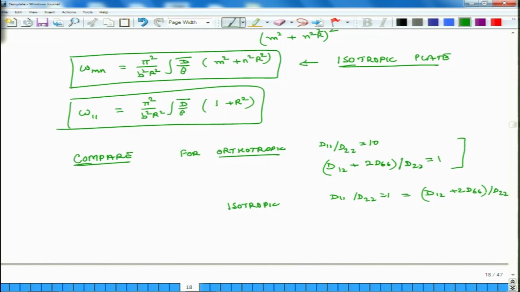This we have already shown, so we do not have to worry about it. But both these cases we will evaluate assuming that the plate is square, so R is 1. Okay. So, let us construct a table.